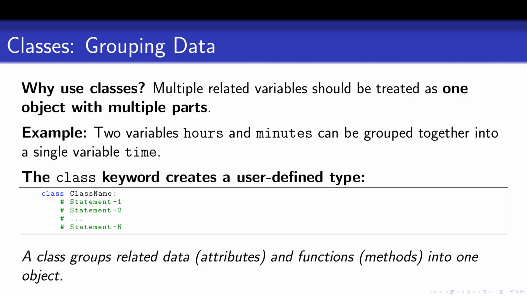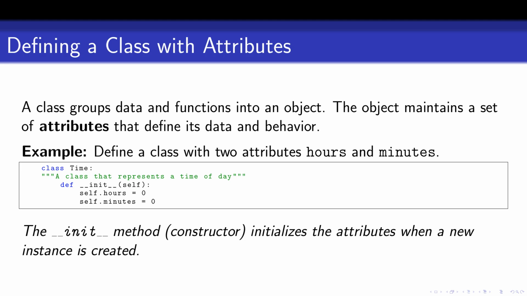When you define a class, you can include attributes, variables that store data about each object. To initialize those attributes, Python uses a special method called __init__, also known as the constructor. This method is automatically called when you create a new instance of the class.